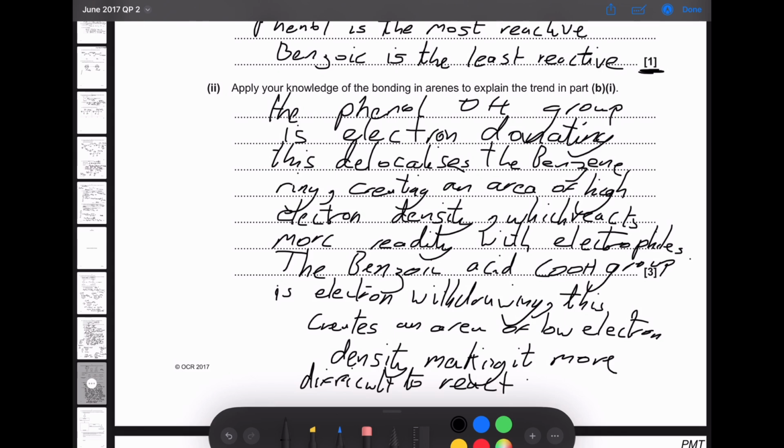I'll tell you what it is, it's just the fact I keep saying electrons. It just gets in my head. There you go.